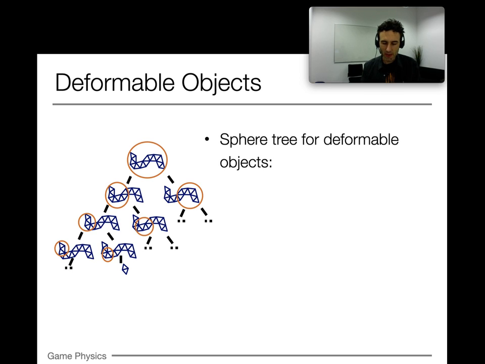So one way to deal with this, and we will look at this a bit more later on with a more refined algorithm, is that we can actually do this to some extent already with such a hierarchy.